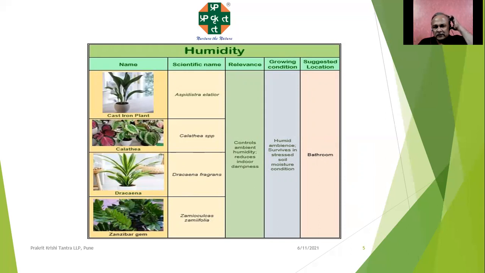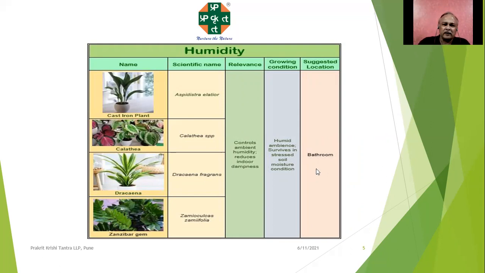The relevance is that it controls the humidity, it absorbs the excess humidity, and it balances the ambient humidity condition, and it grows well in stress also, because even if soil moisture is less, but atmospheric humidity is there, ambient humidity is high, still it can survive.